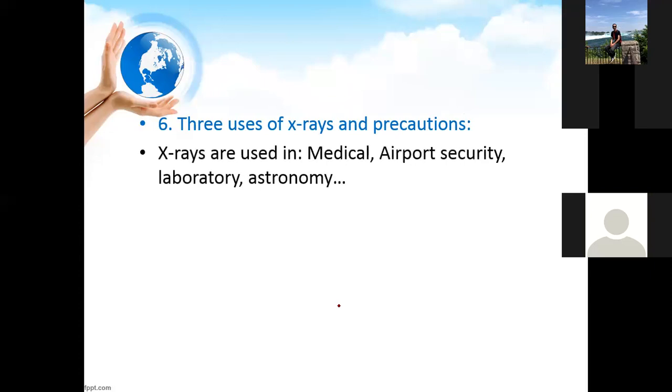So we use X-rays in medicine. Airport security: when you pass through those doors, they show if you have any metals, and give a signal to the security there. So airport security uses X-rays to see what's going on in your body.